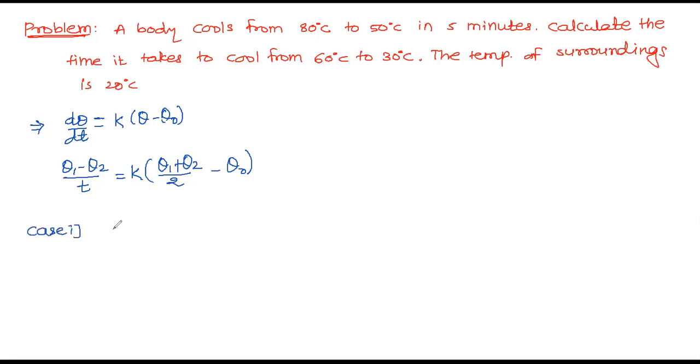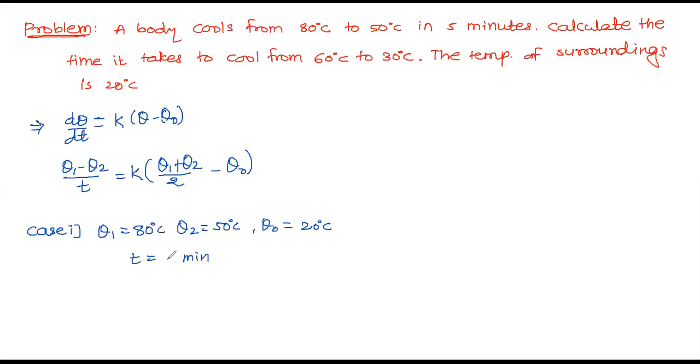Case 1. Theta 1 is how much here? 80 degrees Celsius. Theta 2 is how much? 50 degrees Celsius. Theta naught is how much? 20 degrees Celsius. And t is equal to how much? 5 minutes. Don't convert into seconds. Keep it in minutes only.